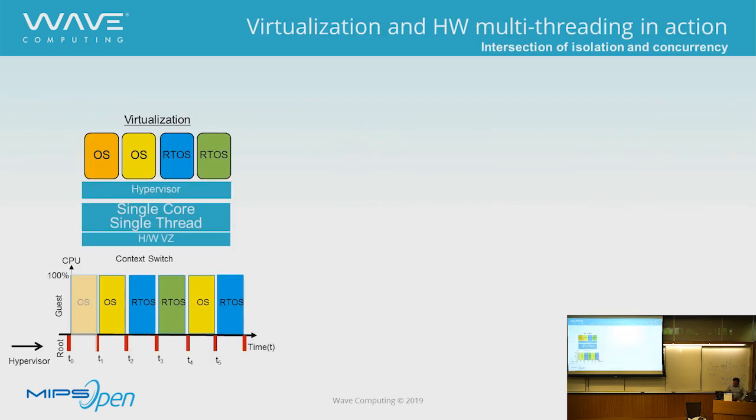So the first item I was going to cover is virtualization, as I mentioned, and multi-threading. If you're familiar with virtualization, the intent of virtualizing a CPU, in this diagram, is the ability to create contexts that you can separate.